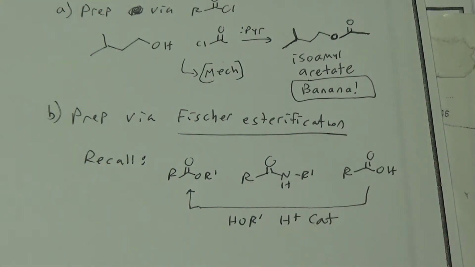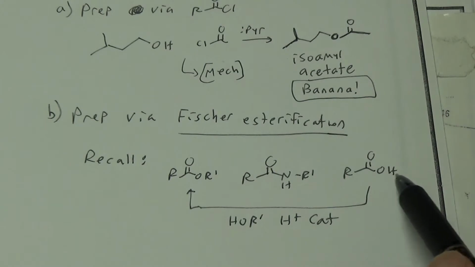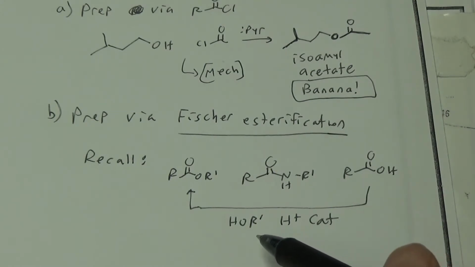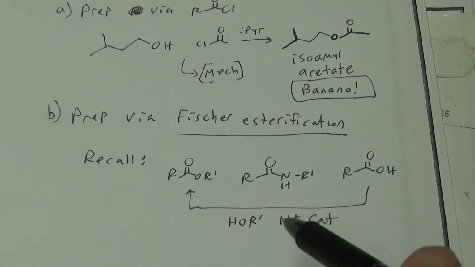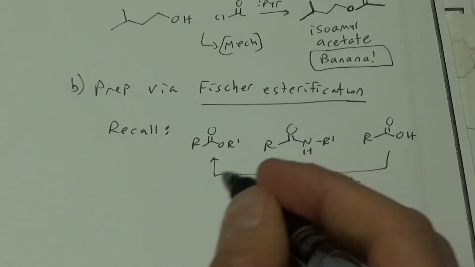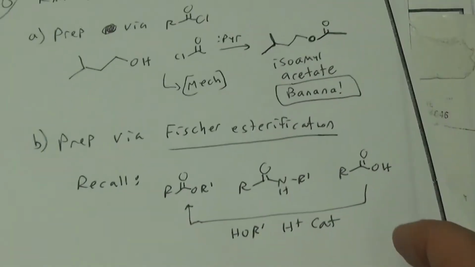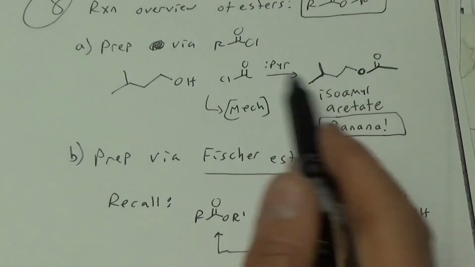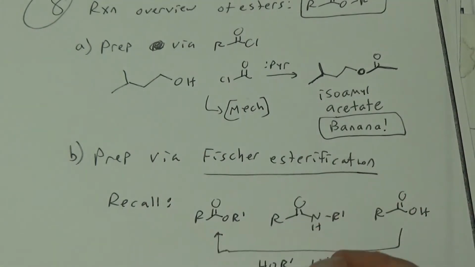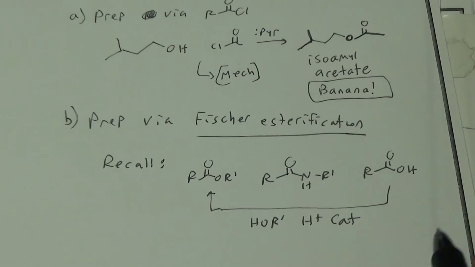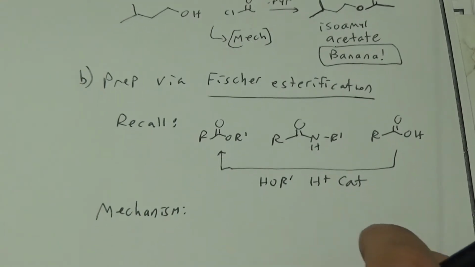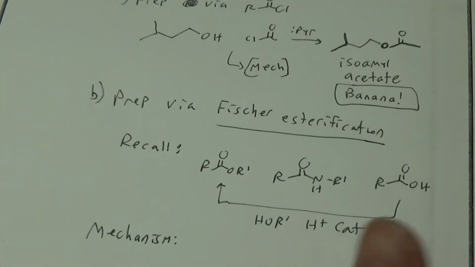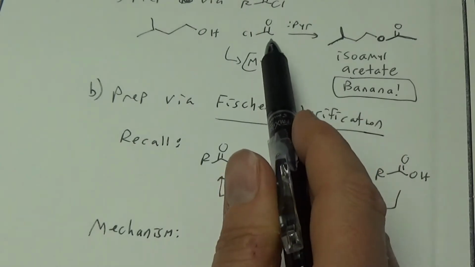Alright, so let's show the mechanism of how you can react a carboxylic acid plus an alcohol in the presence of acid to make an ester. While I'm showing this, I can go right to left, but I'm just going to draw it in our normal orientation. For fun, let's make the banana stuff, isoamyl acetate. So we're going to do the mechanism of the Fischer esterification. To make isoamyl acetate, I'm not going to use an acid chloride.